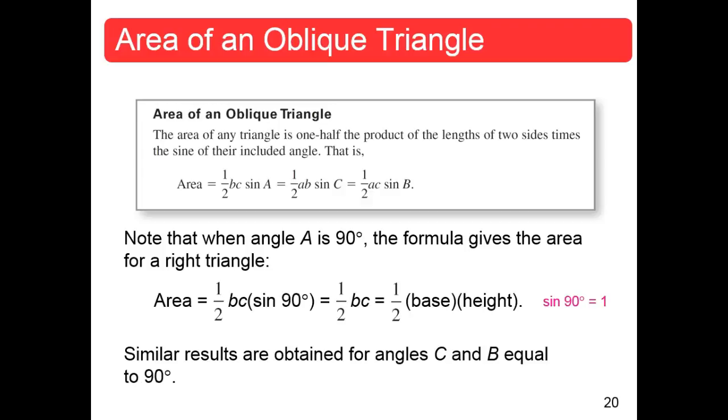So that's 1/2 the base times the height. Because it's 90 degrees, this is the height, that's the base. Similar results are obtained if angles B or C are 90. It's just back to 1/2 the base times the height. But if they're not 90, it still works. Okay?